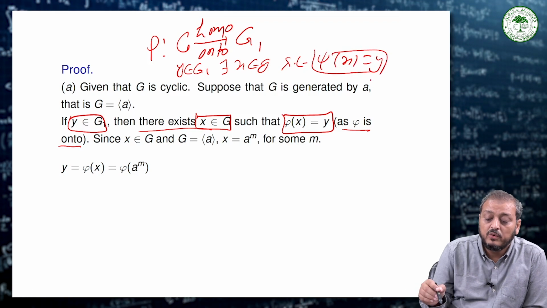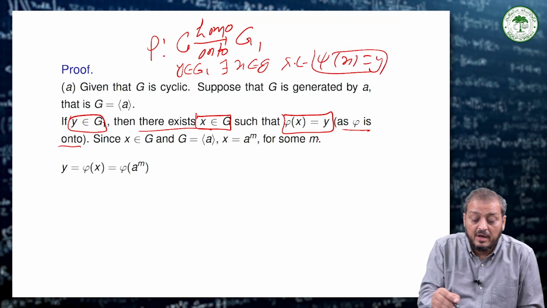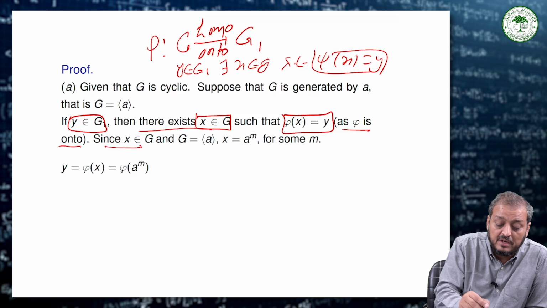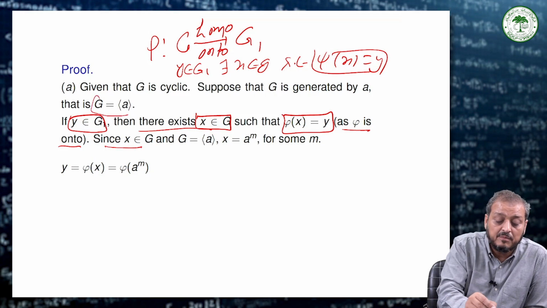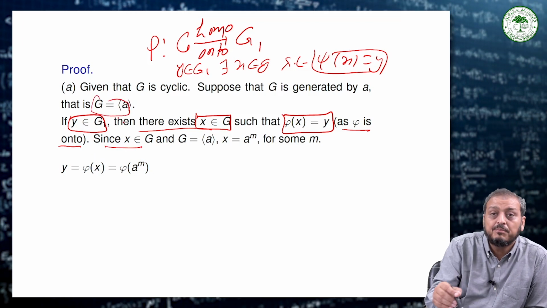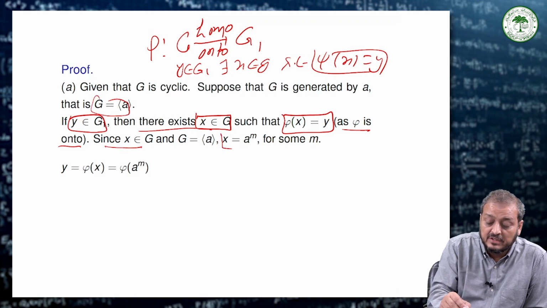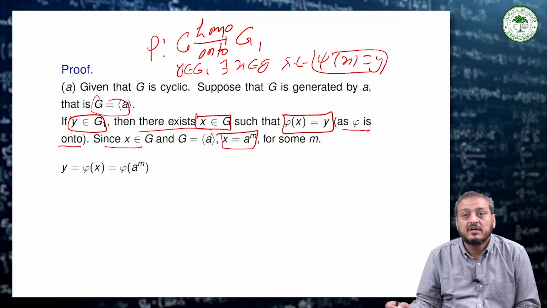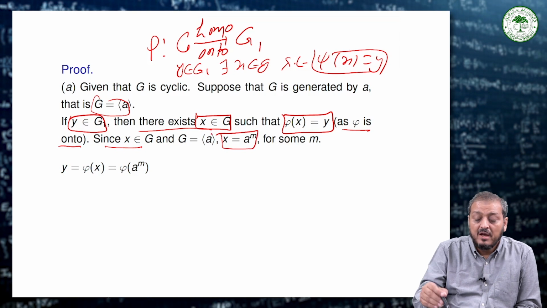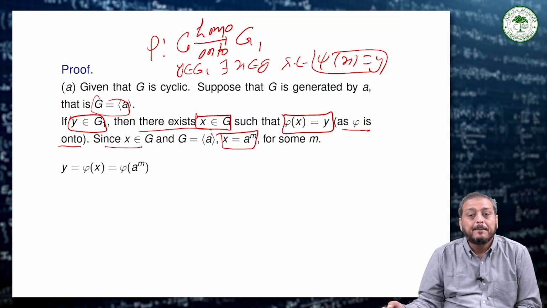Now, this x is an element of G, and since G is generated by a, x can be written as a power of a. So, we can say that x equals a to the power m for some integer m.